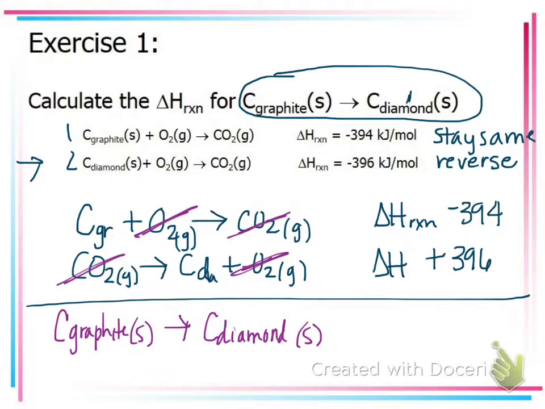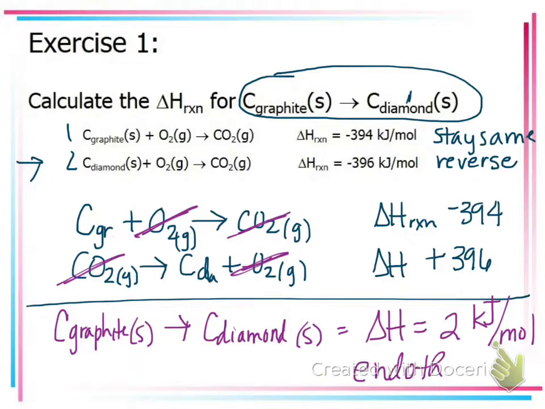So now we add up our delta H values, and we see that the overall delta H for this would be 2 kilojoules per mole. Of course it's positive, so that means it's endothermic.